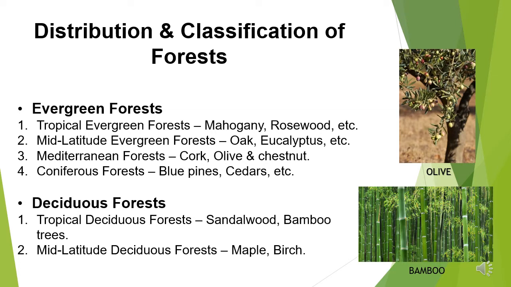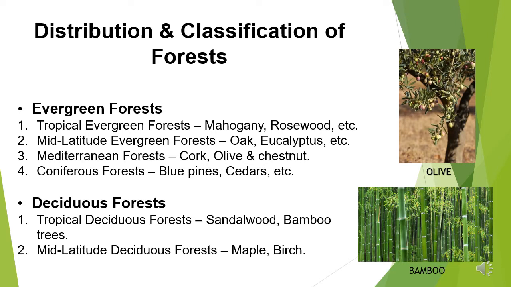Now the deciduous forest. The common feature of the deciduous forest is that they are found in tropical, subtropical, and mid-latitude regions, and the trees are mostly deciduous. They shed their leaves in autumn and remain leafless in winters. So in autumn they shed their leaves, and in winter they are leafless, meaning they don't have any leaf.